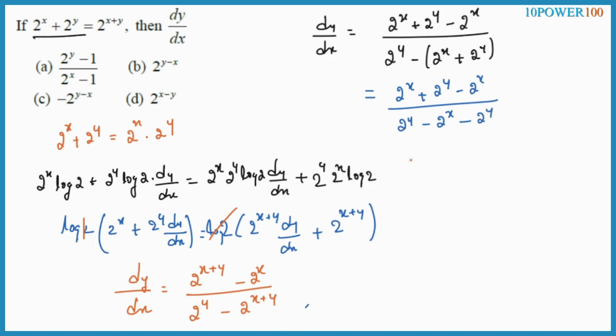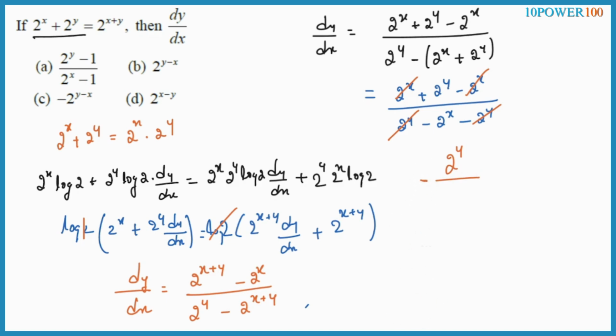We can cancel 2 power x in the numerator, and 2 power y in the denominator.